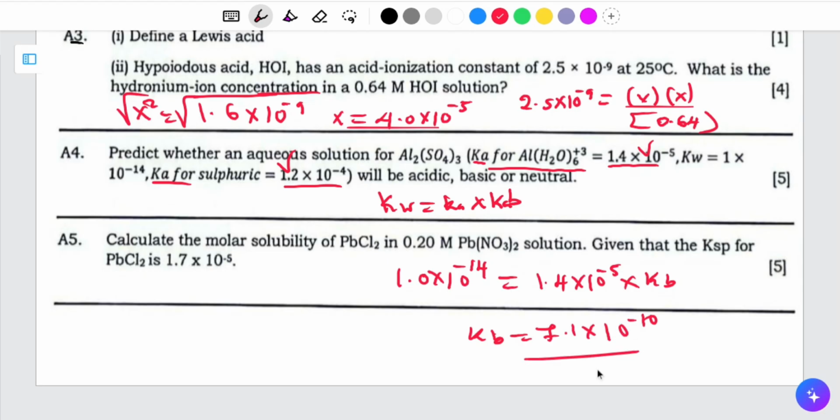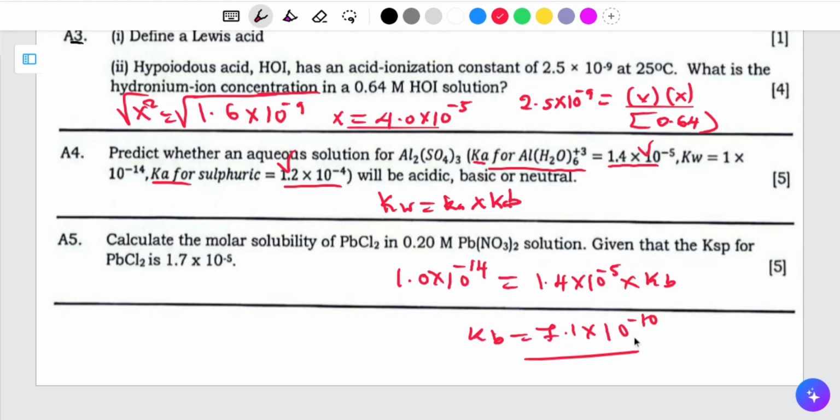So if I compare this one and this one, of course this one is the smallest, but when it comes to the basicity of something, the smaller the value, the smaller the pH, isn't it? So if you compare this one and this one, which one is more powerful?